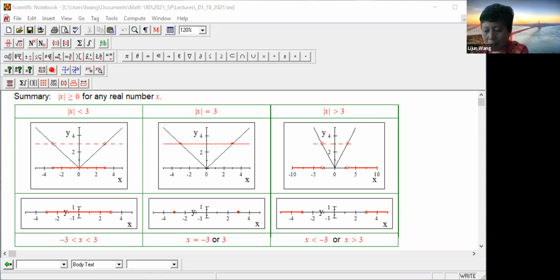And a tip: some of you might have difficulty understanding these symbols, right? Are you following me? Sometimes you see this symbol this way, or sometimes you see the symbol this way.